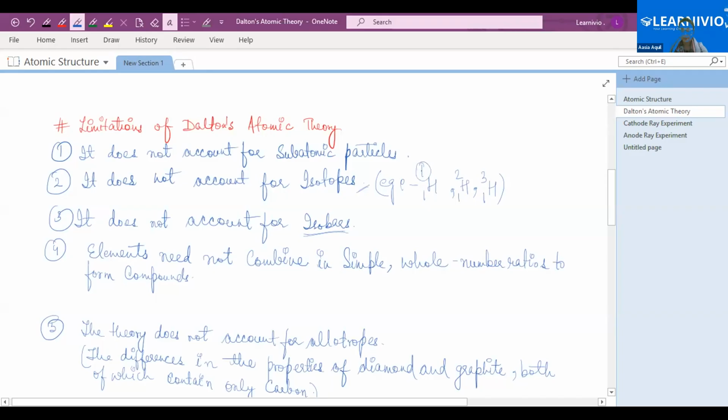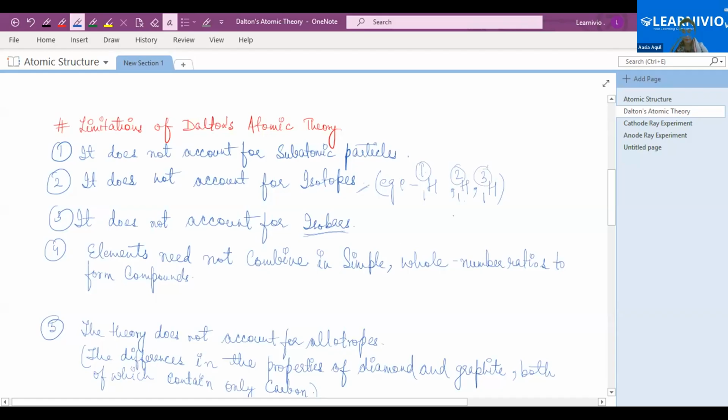For hydrogen it is one mass. When we talk about deuterium, the atomic mass is 2, and when we talk about tritium, the atomic mass will be 3. So these are the isotopes of hydrogen. Clear? Atomic number is same, but you can see atomic mass is different, 1, 2, and 3.